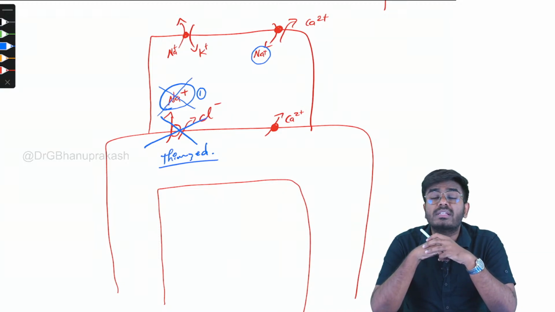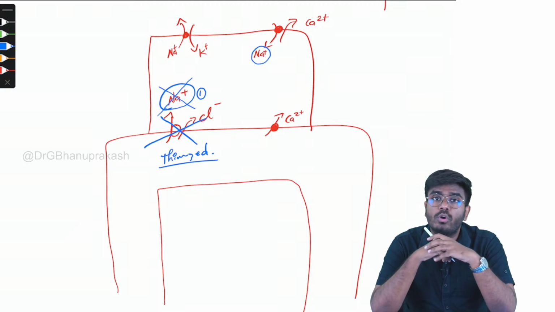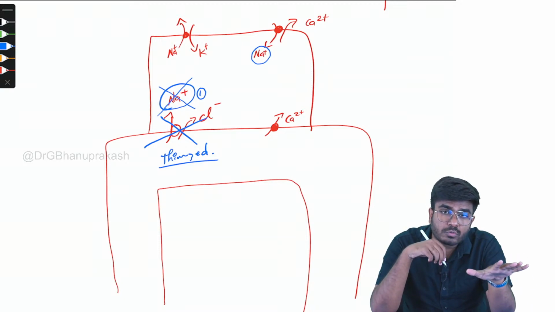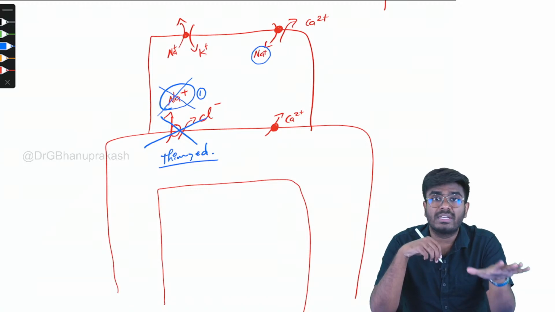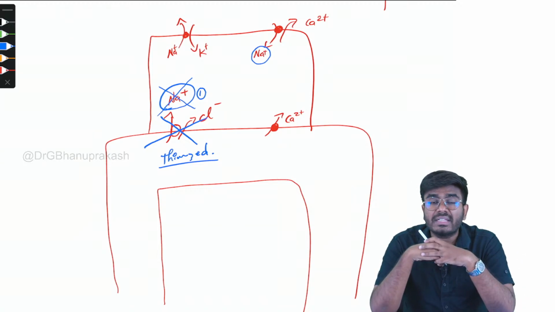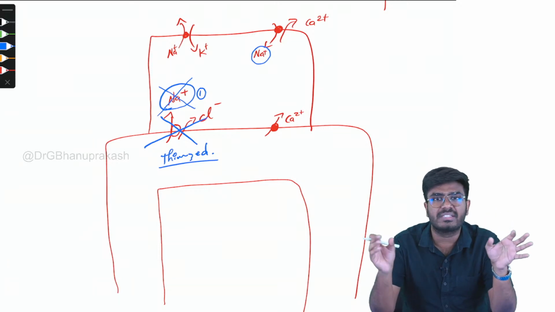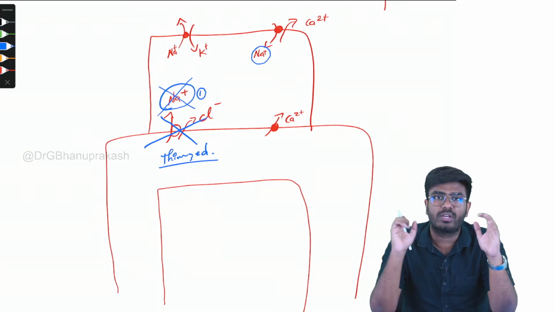So what happens to the intracellular levels of sodium? The intracellular levels of sodium are going to go down. If the intracellular sodium levels are going down, that will definitely affect the cellular functions, damage the cells, and affect the cellular metabolism.